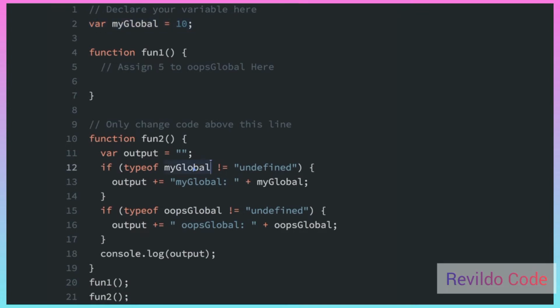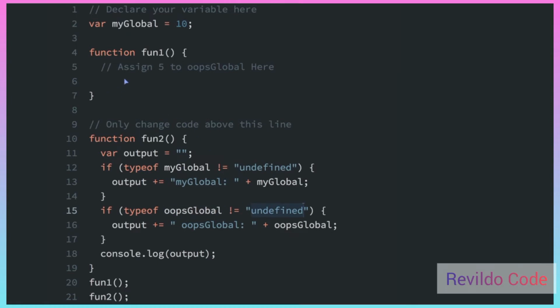So since this function can access the myGlobal variable, we'll run what's in this if statement, where we just add to this output variable myGlobal, and then we put with the value of myGlobal, which is 10. Now here's another example where we're going to see if the type of oopsGlobal equals undefined.